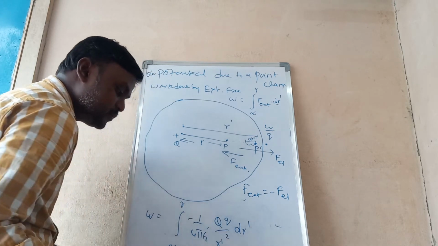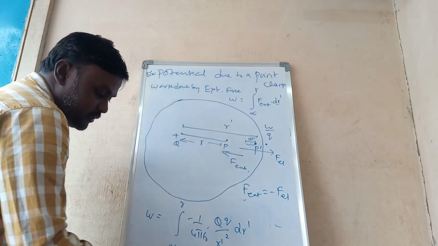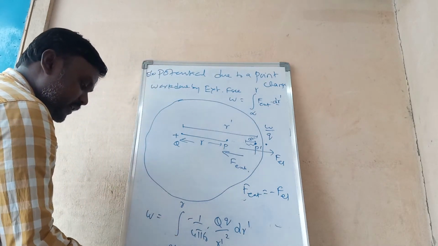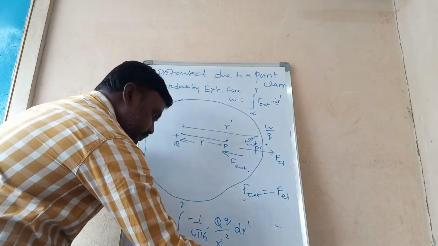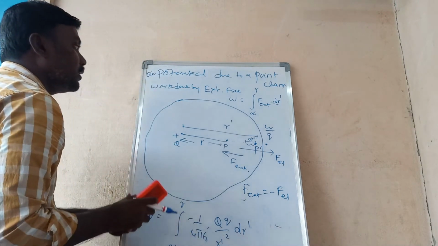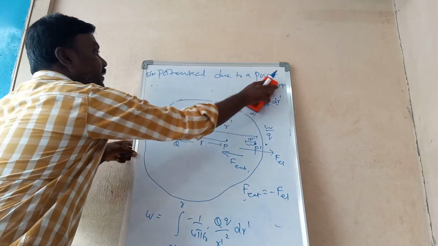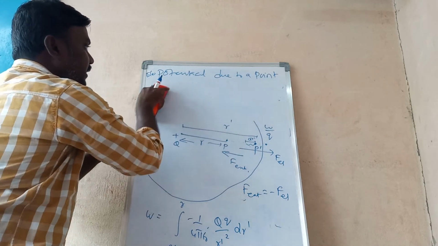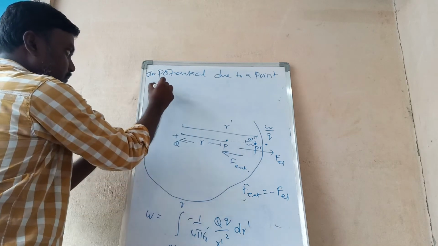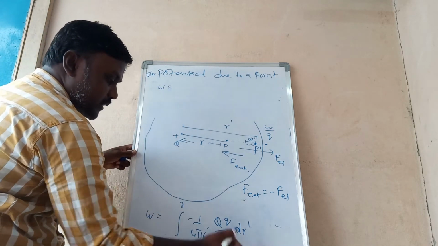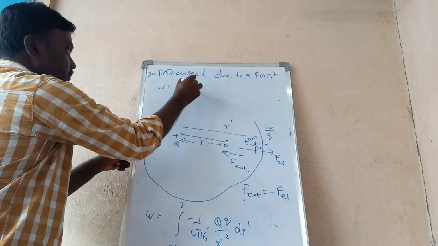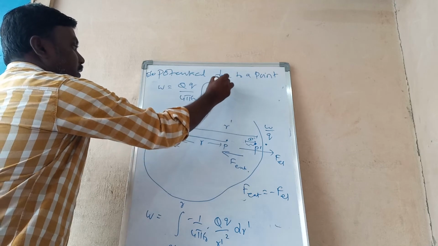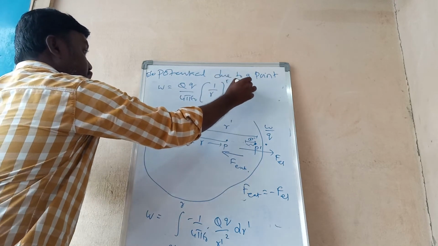We know the integration of 1 by r prime square is minus 1 by r. Minus into minus will be plus, so 1 by r from infinity to r.